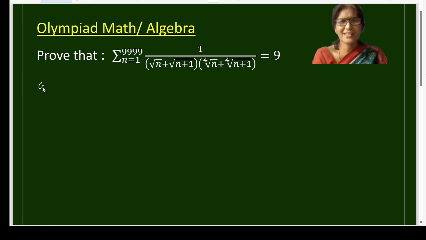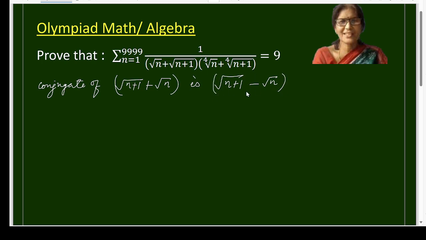First is the conjugate of the first one, square root of n plus 1 minus square root of n. I have taken the bigger one first, rearranged. I hope we know the conjugate: when they are multiplied, they give us a rational number.